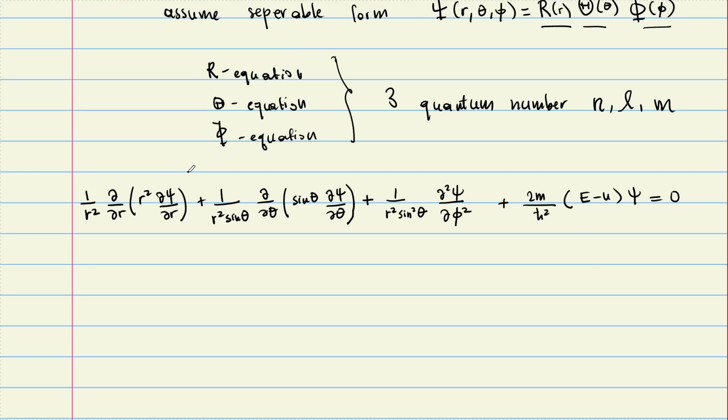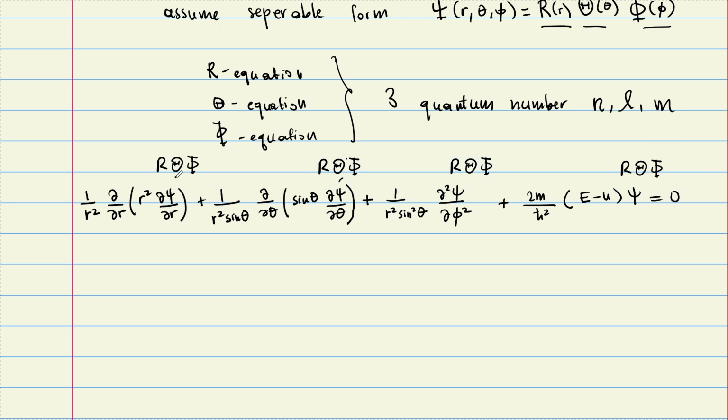And whenever I see psi, I want to write it as R(r), Theta(theta), Phi(phi), and here R Theta Phi, and here R Theta Phi, and also here R Theta Phi.